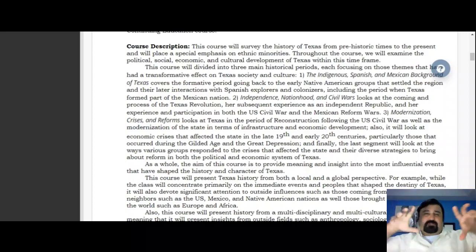And of course, we're going to place a special emphasis on the indigenous peoples of Texas, by looking at the different groups that settled in Texas, what kind of societies they built, what kind of cultures they formulated, the religions, the tools, and so on. We're going to take a very in-depth look at those societies.